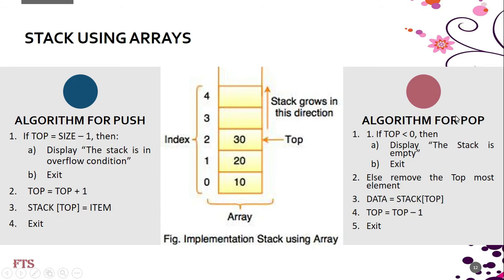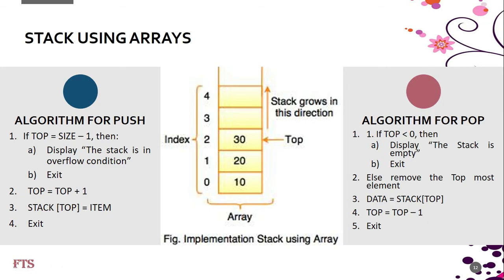For pop operation, check whether the stack is empty or not. Pop is possible when there is at least one item in the stack, so we need to check whether the stack is empty or not. In order to do that, we have to use this condition. If top pointer is less than 0, it means if it is negative, the stack is empty.